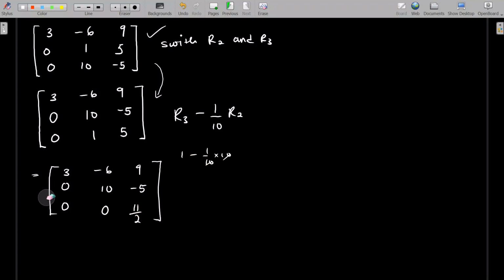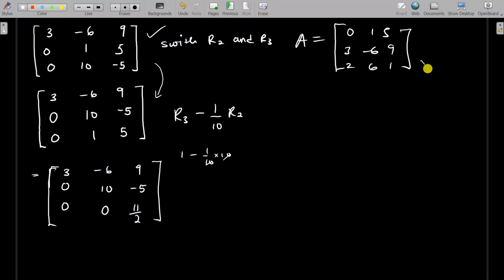Like I said, if you look at this matrix here, it is an old matrix which was A: 0, 1, 5, 3, negative 6, 9, 2, 6, 1, right? We've gone through processes to reduce it to this one.